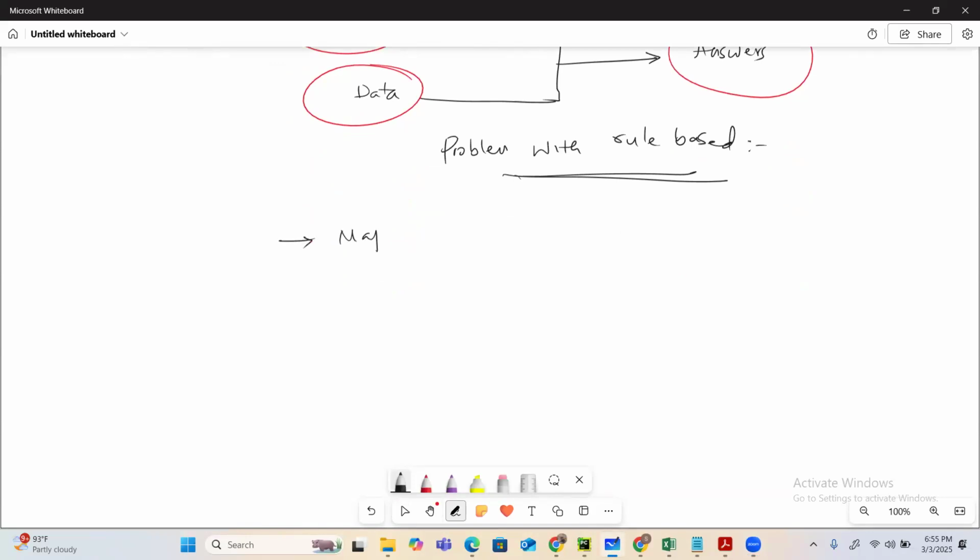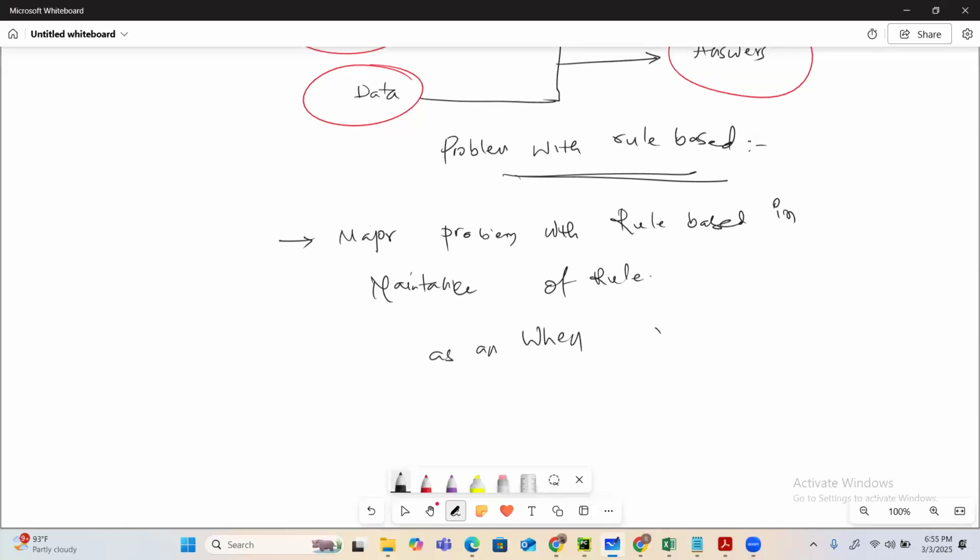The major problem with rule-based is maintenance of the rules. As and when data increases, rules increase.